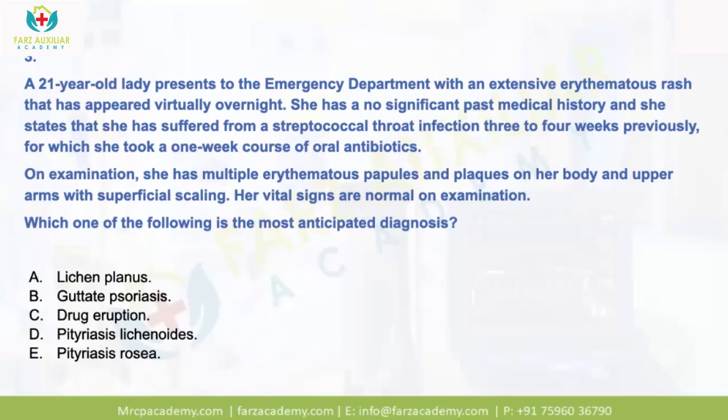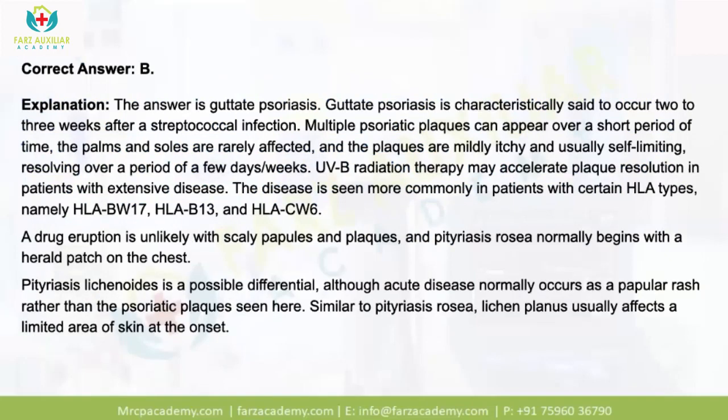Pityriasis lichenoides chronica again can present with scales, but it's not associated with any infection. And pityriasis rosea is usually quite innocuous. Again, you have a herald patch and then you get other lesions in an inverted fir tree pattern, which is not in this case. So guttate psoriasis is characteristically said to occur 2 to 3 weeks after streptococcal infection.